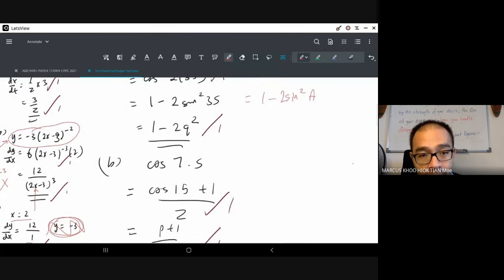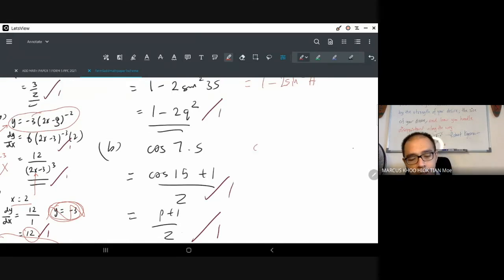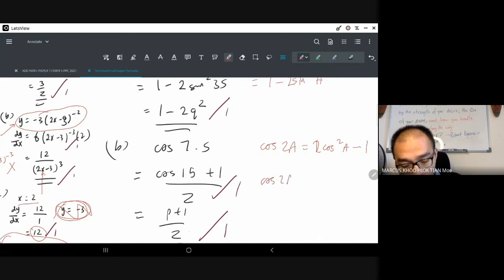Cos 7.5. Okay, this one is a little bit tough. This is cos 15 plus 1 over 2. This is cos 2a. Okay, I know cos 2a equals 2 cos squared a minus 1. So cos 2a plus 1 over 2, sorry, there should be a square root over here, equals cos squared a.